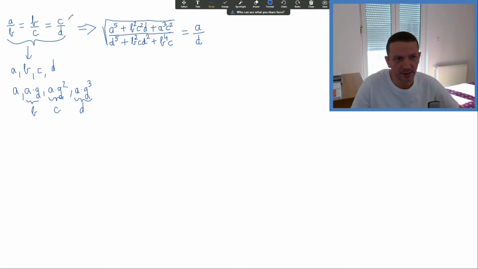Actually, this ratio given above is actually 1 over Q. So we are going to calculate this square root given here. And we shall make now our substitutions.